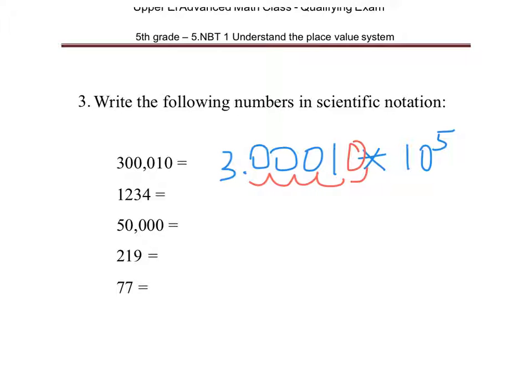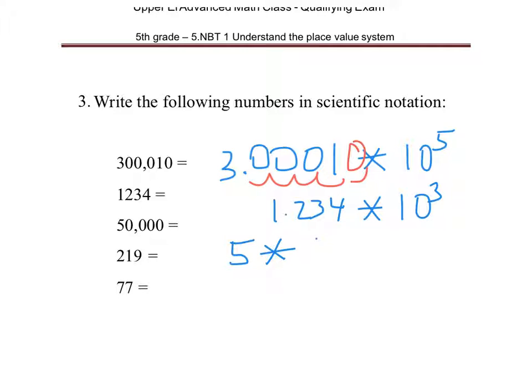Well, how about 1,234? So we say it's 1 and 234 thousandths, but we need to multiply by 1,000 to get back to our original number, 10 to the 3rd. 50,000 is easy, so it's just a 5. And how do we get 10 thousandths?